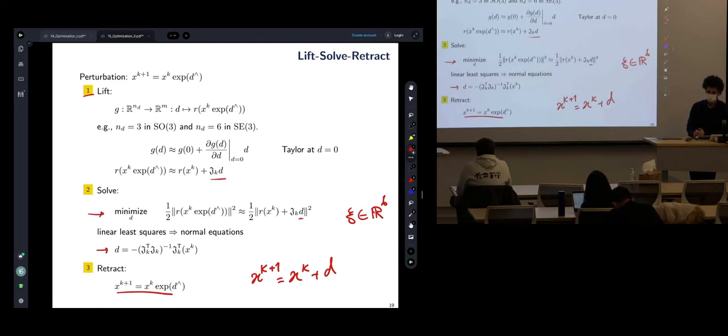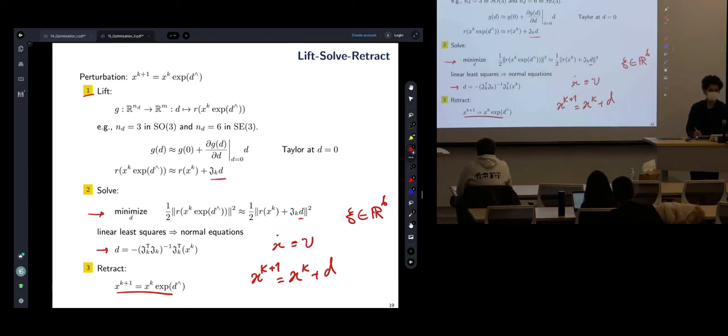Now integration, you can think about it as a kind of differential equation. Let's say x dot equals some v.